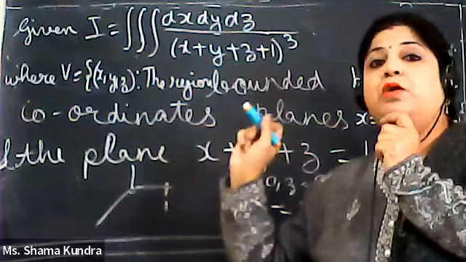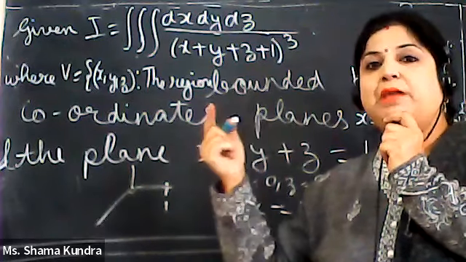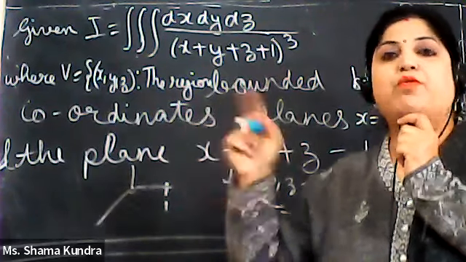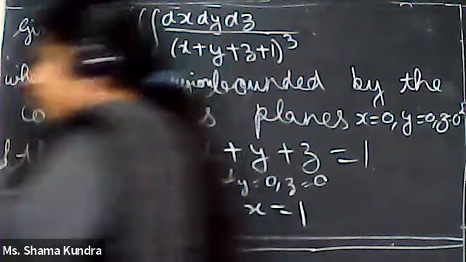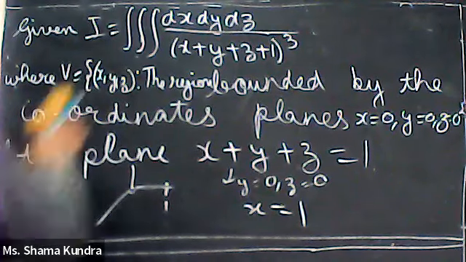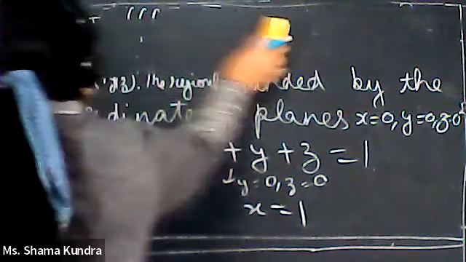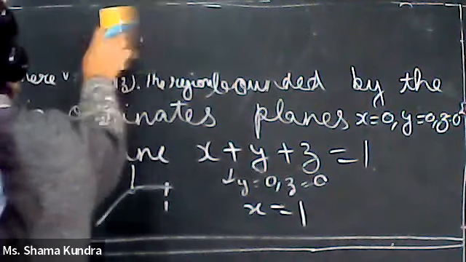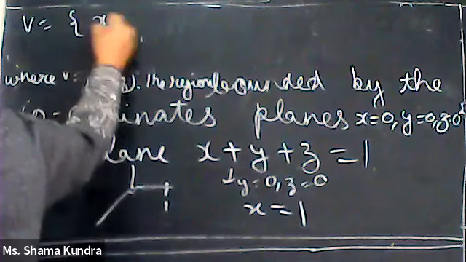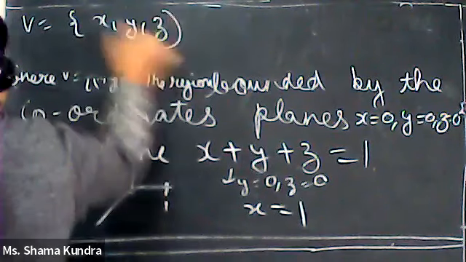For it, you have to take the second variable in the form of one variable and the third in the form of a double variable, keeping x as constant. So you can write B as (x, y, z).